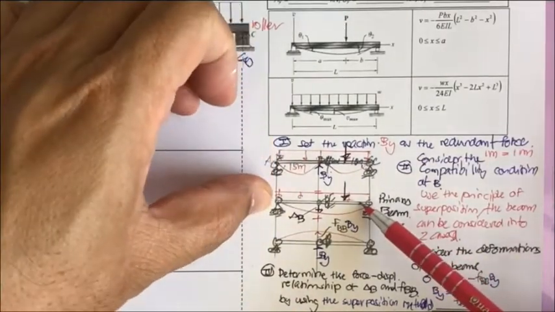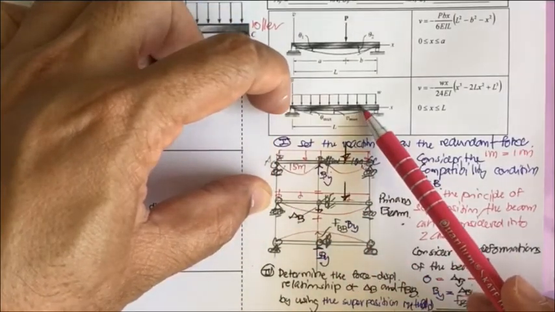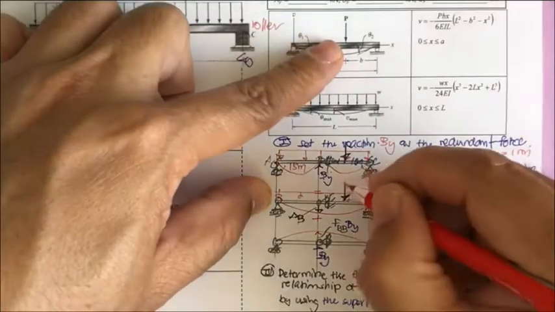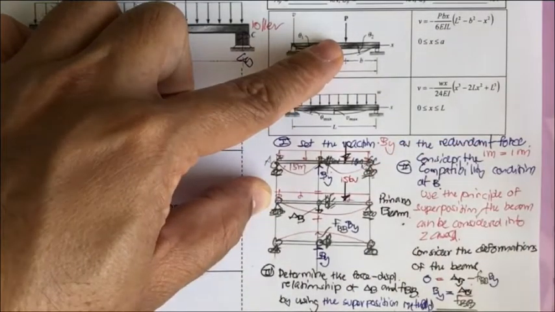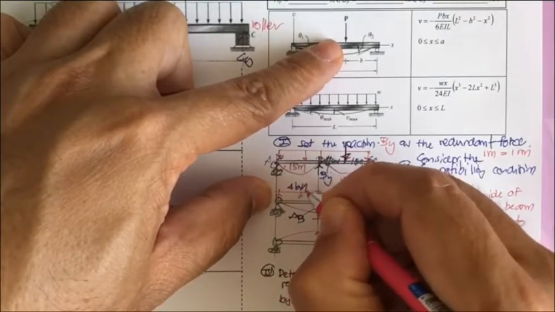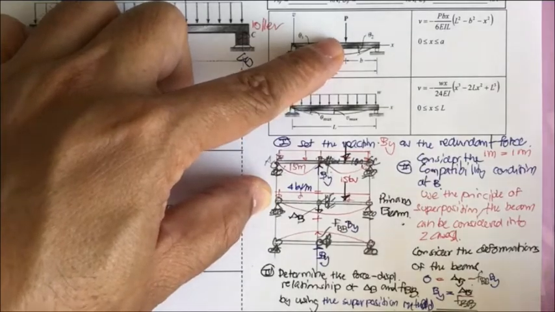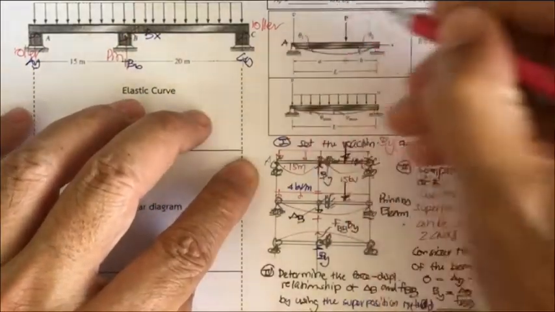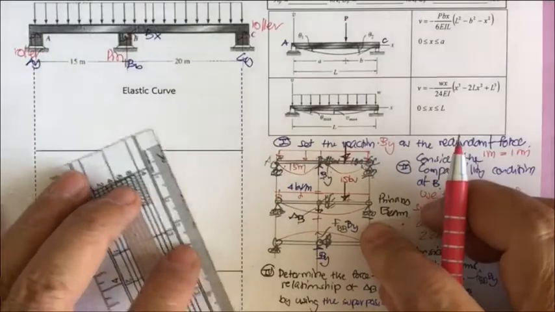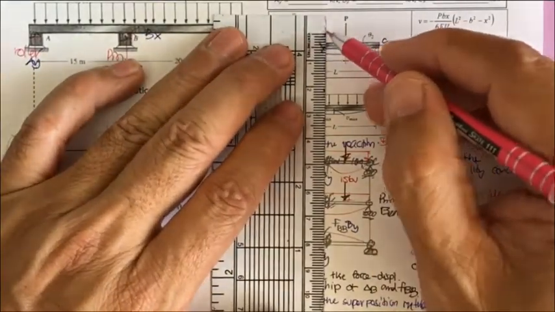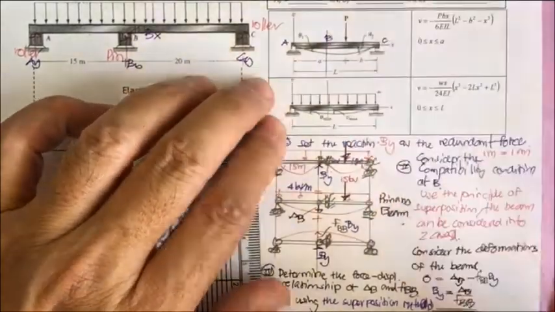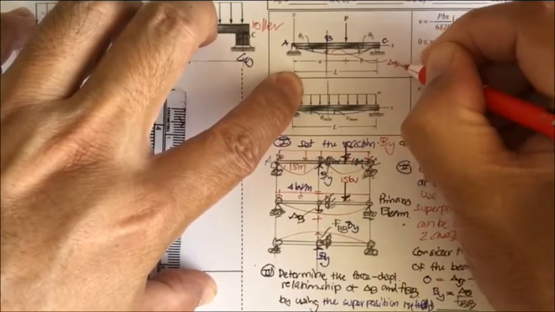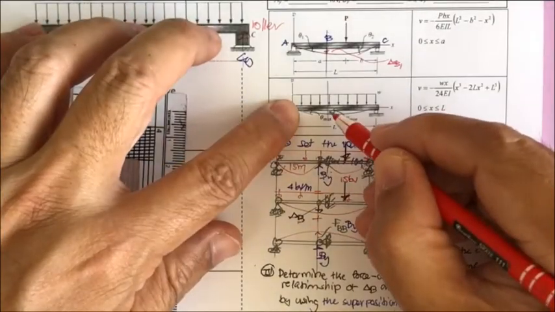For the first one, this beam is subjected to both a uniformly distributed load and a point load. Let's start with the point load, which is going to be 15 kilonewton, and the uniformly distributed load is going to be 4 kilonewton per meter, occurring at B. So this is A, this is C, and this is the point B. Let's set the deflection here as delta B1, downward also.